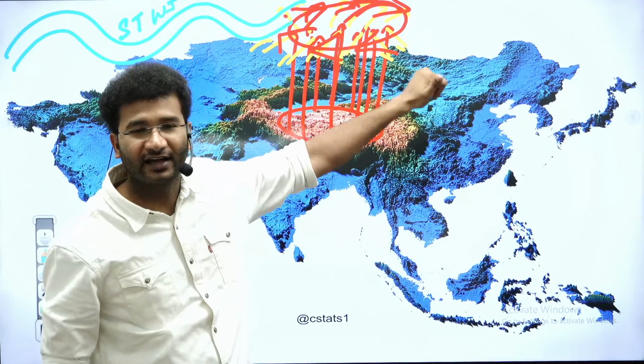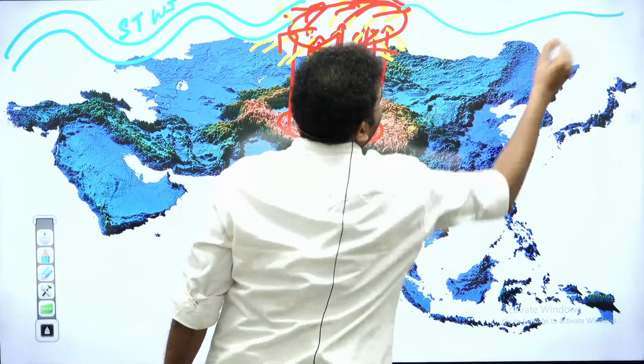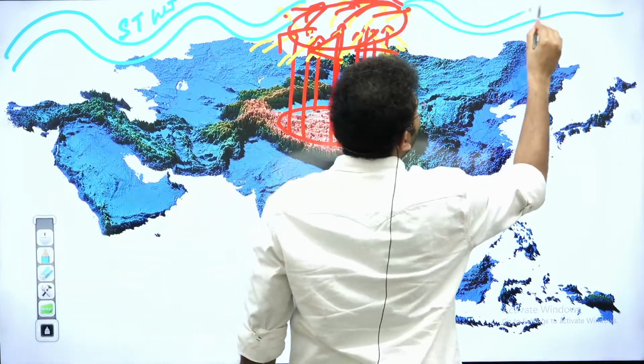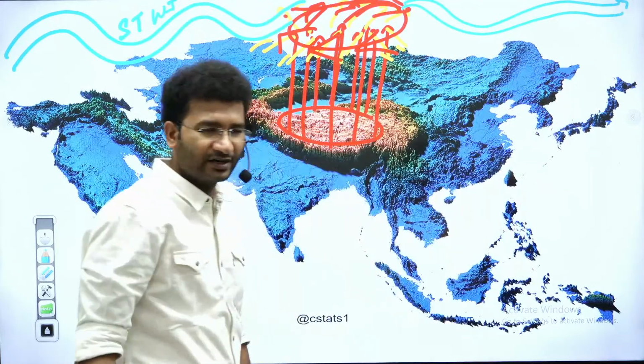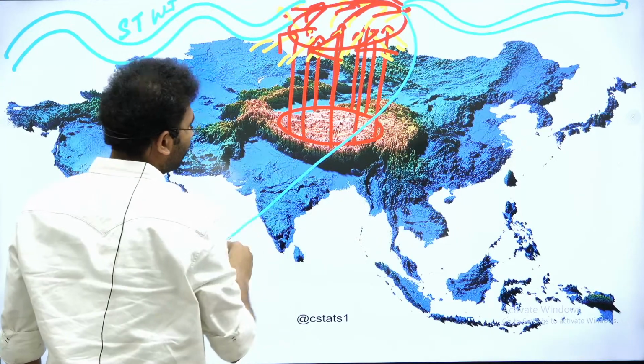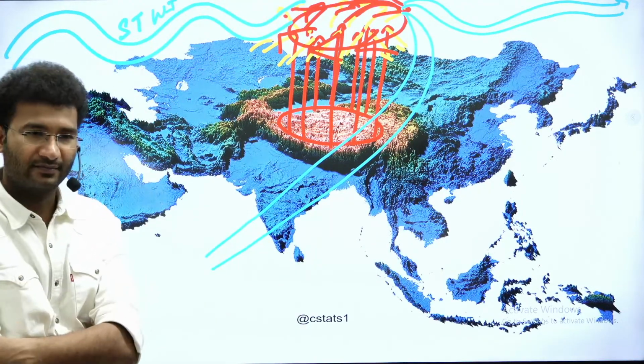When it interacts, part of the jet stream will be flowing in this direction. Here the jet stream gets diverged. Part of the jet stream will move in the similar direction, but another part of the jet stream will take a turn and then come on to India.